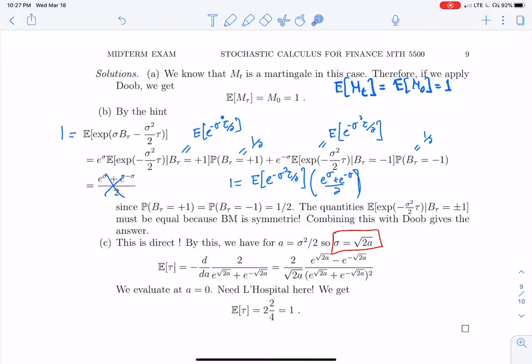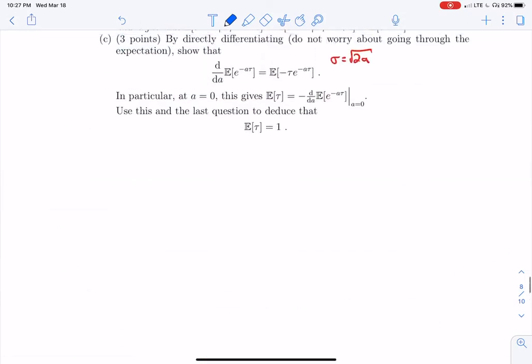Alright, and Doob tells you can do that also for a stopping time if you have two conditions. So for optional stopping, you need two conditions: tau is finite almost surely for every path, and also that the stopped martingale is bounded. But you have that here.